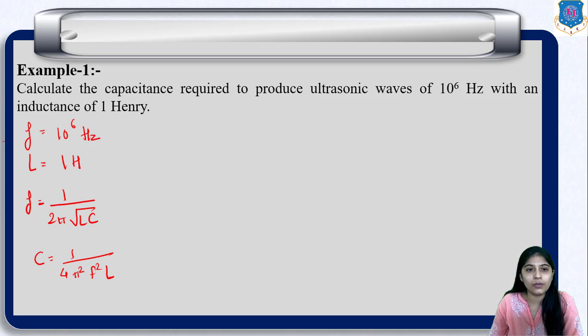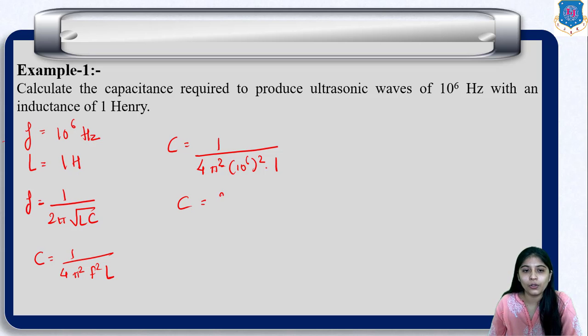Now let us substitute the value of frequency as well as inductance. So 4 pi square f square will be 10 raised to 6 square, and inductance is 1 Henry. So this capacitance will be 2.53 into 10 raised to minus 14 farad.